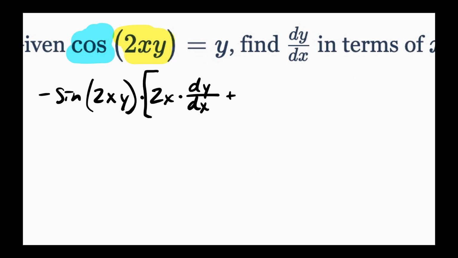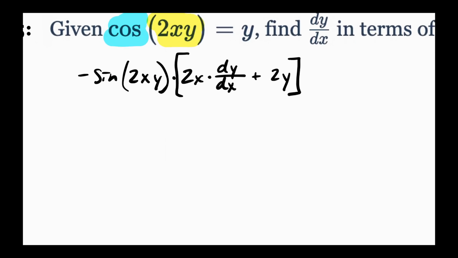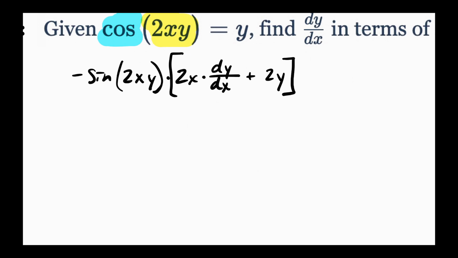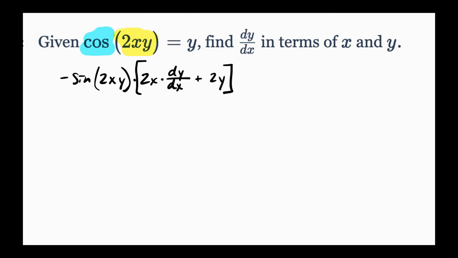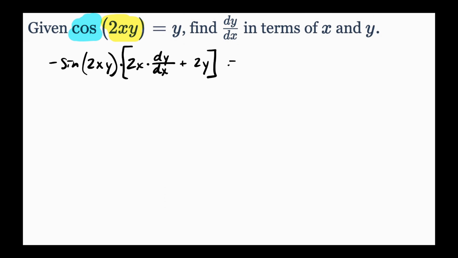The derivative of the first one, which is 2, times the second, which is y. So that whole thing is 1. Equals the derivative of y, which is just dy over dx.